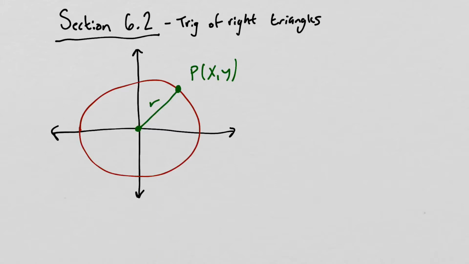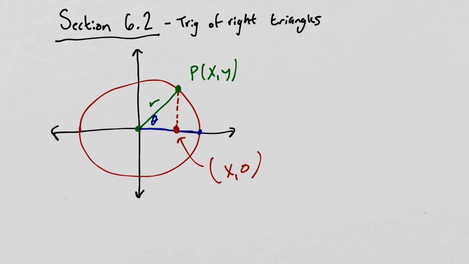And let's go ahead and call the angle between the point P and the point 10 theta. Now we can project the point P onto the x-axis and we can form a right triangle from this. The point that lies on the x-axis will be given by x0.